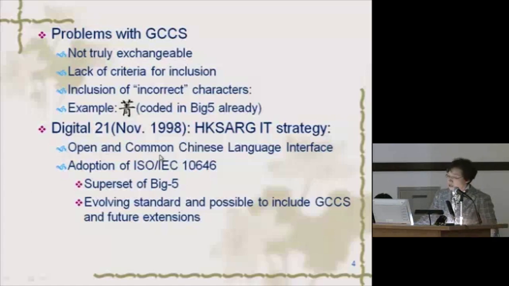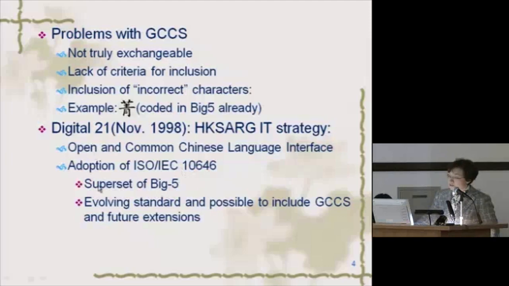So this particular Chinese language interface task under Digital 21 had a committee. And one of the IT strategies is to migrate from a Big Five platform to an ISO 10646 or Unicode platform.